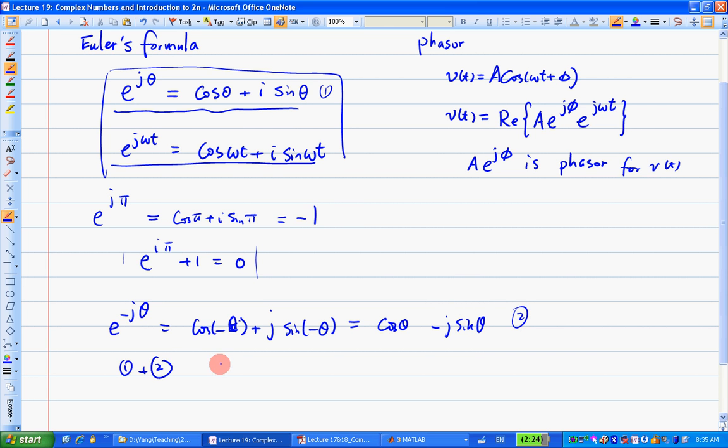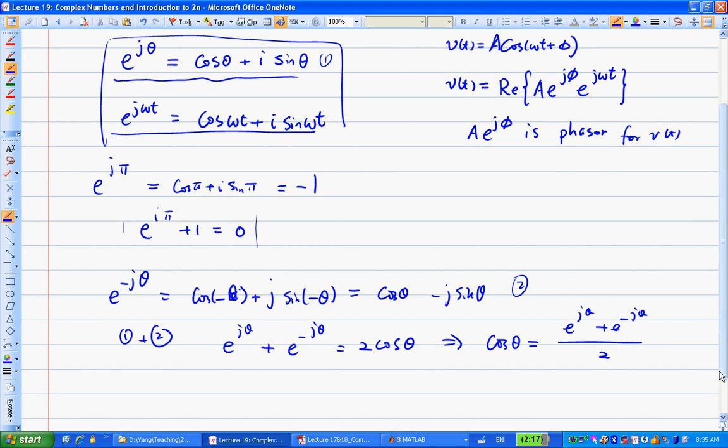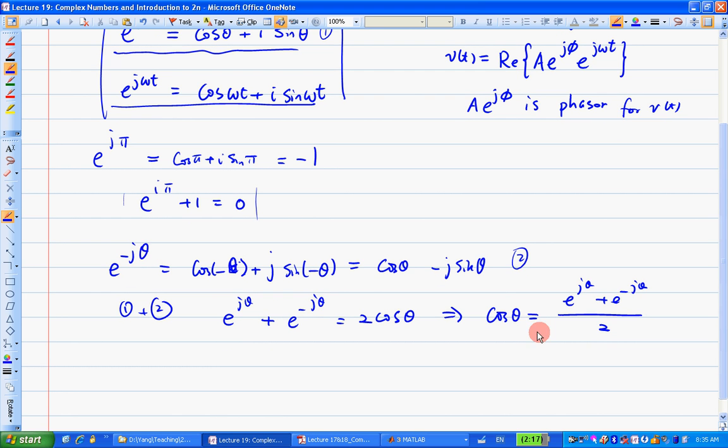So I get e to the power of j theta plus e to the power of negative j theta equal to 2 cosine theta, which gives me cosine theta equal to (e to the power of j theta plus e to the power of negative j theta) over 2. That's one way of finding cosine theta.